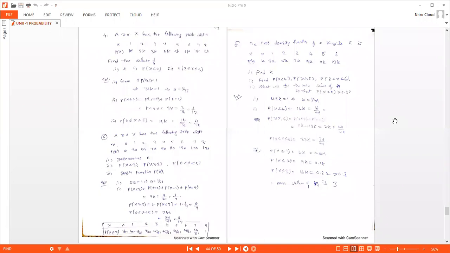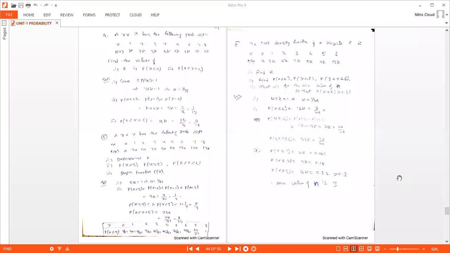Now check with another value because it is not greater than 0.3. So take another value for probability of X less than or equal to 3. So you'll have the value as 16k. That is 16 by 49.